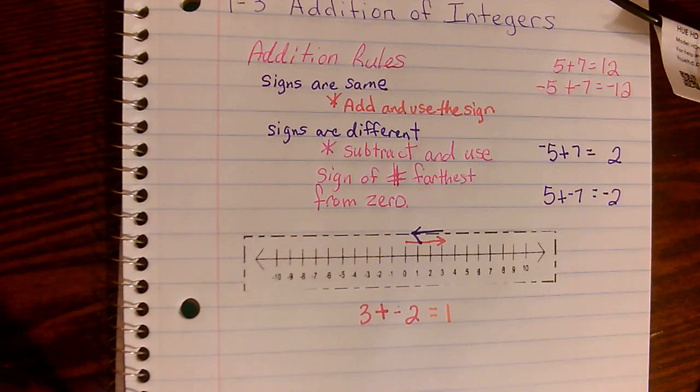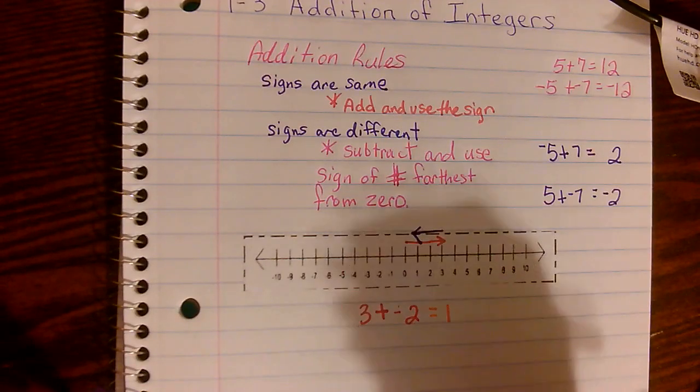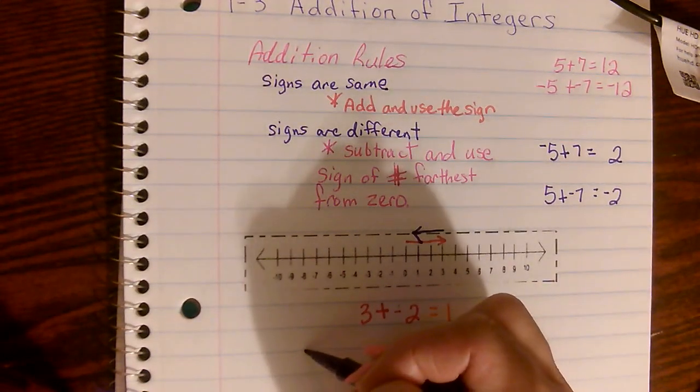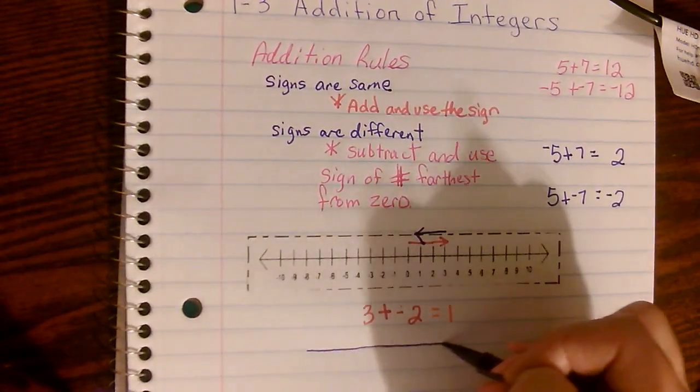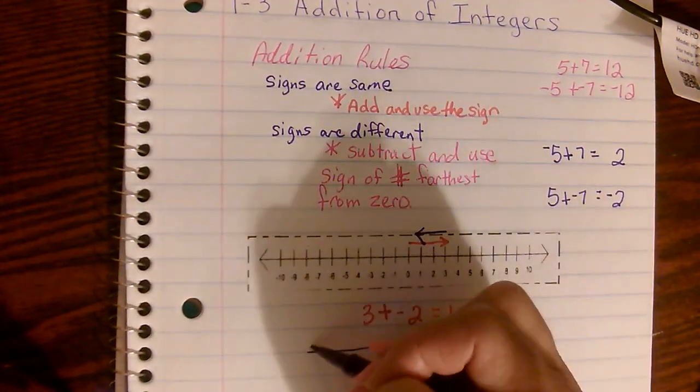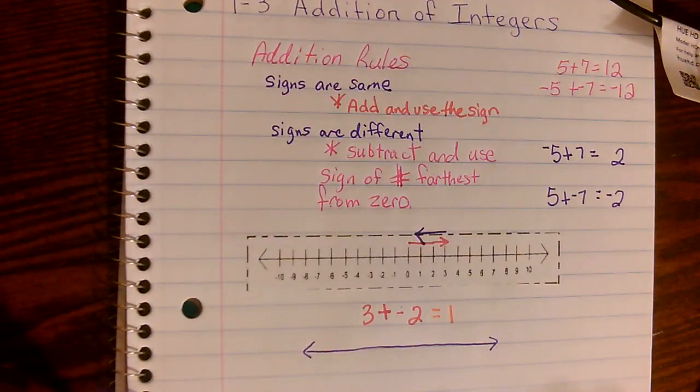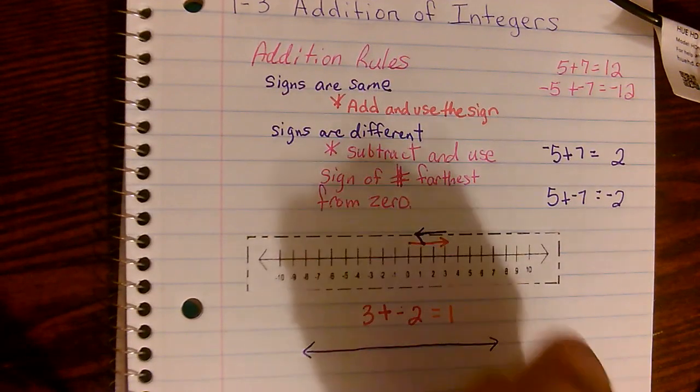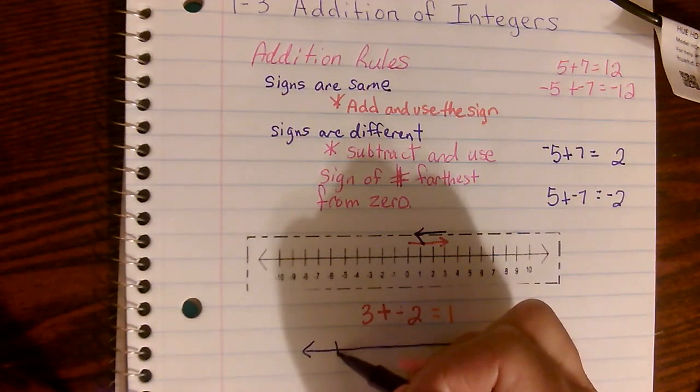Now let's just make a cute little number line right here. And I won't go very far. And I want you to practice knowing how to make your number line. But we're just going to go from -3 to 3.